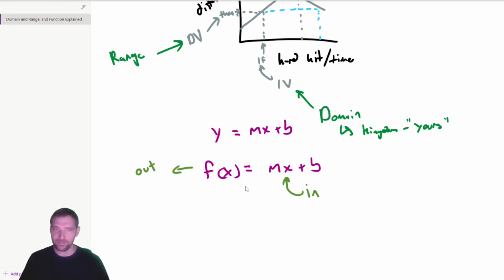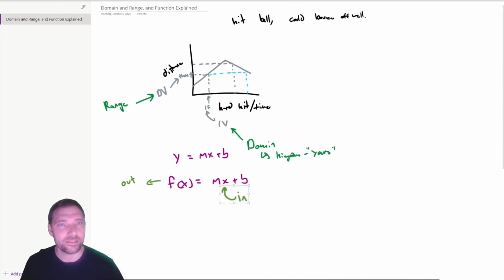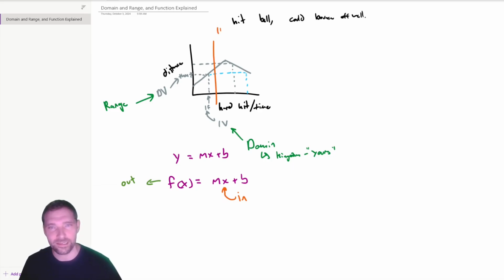What's coming out is your range. And what you're plugging in is your domain. You're plugging that in and it gets you something out. So if you're thinking about the vertical line test here, this is passing the vertical line test. So it's good. This is still a function.